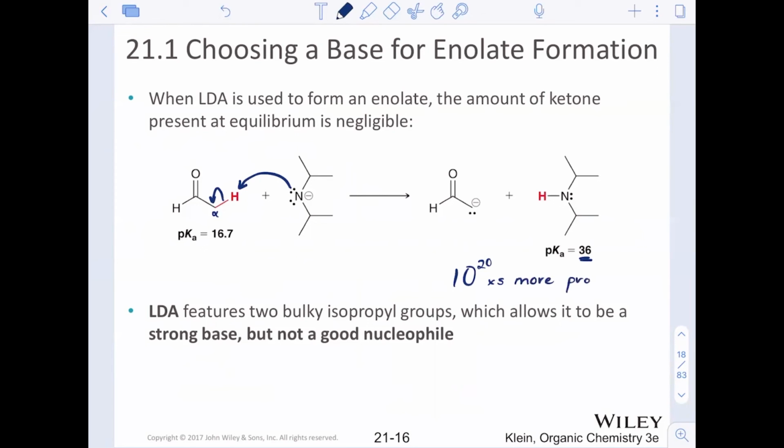That's a lot of product compared to reactant, right? Log base 10 scale, that pKa, don't forget about that. So LDA features two bulky isopropyl groups, which allows it to be a strong base, but not a good nucleophile. Too much steric hindrance.